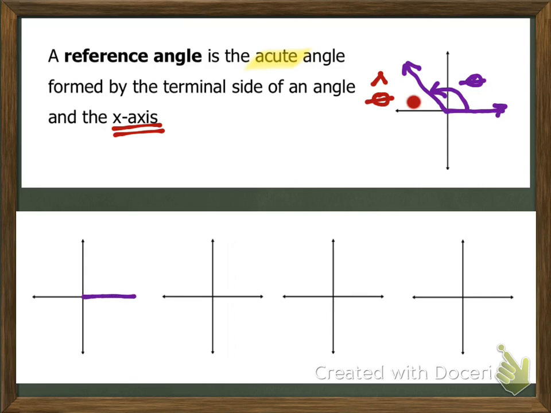First, if I have this angle in the first quadrant as my angle, my reference angle is right there. So the reference angle and the angle would be the same in that situation. If we go around the other direction this way, if that's my angle, the reference angle is still the same. It's still the red spot there, okay?